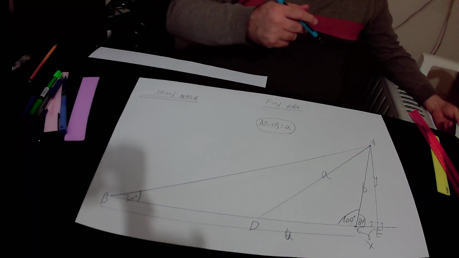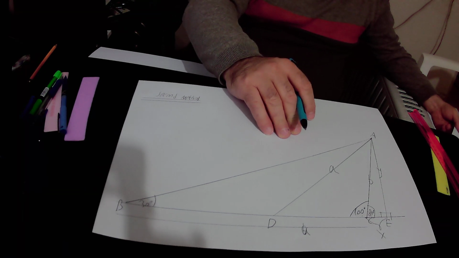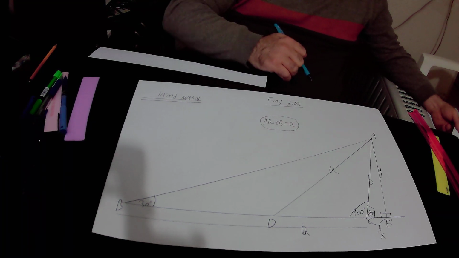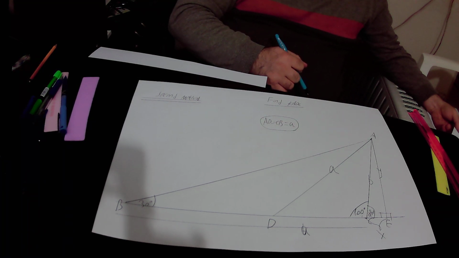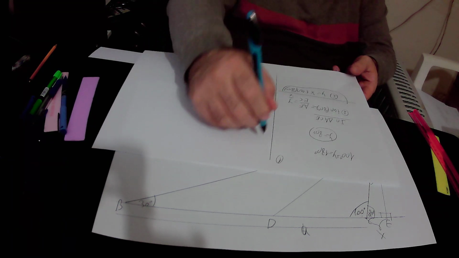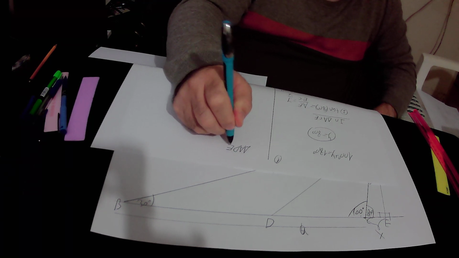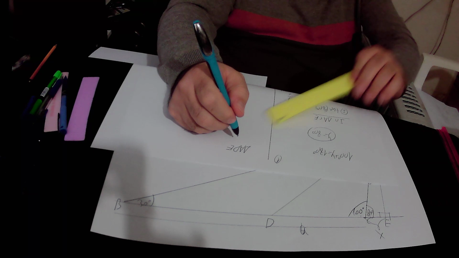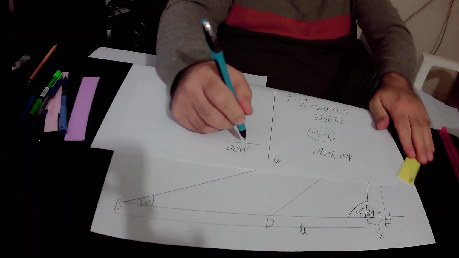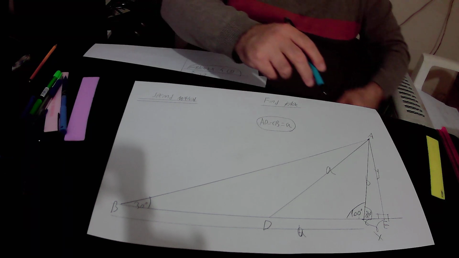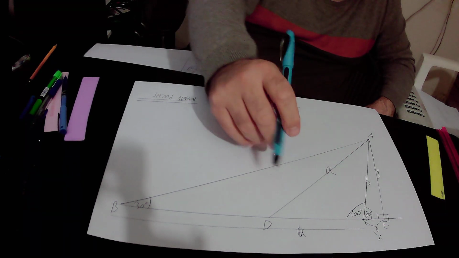In the next step, we will focus on the right triangle, triangle ADE. First of all, we will define the angle that we are looking for, that is to say angle ADC, as theta.